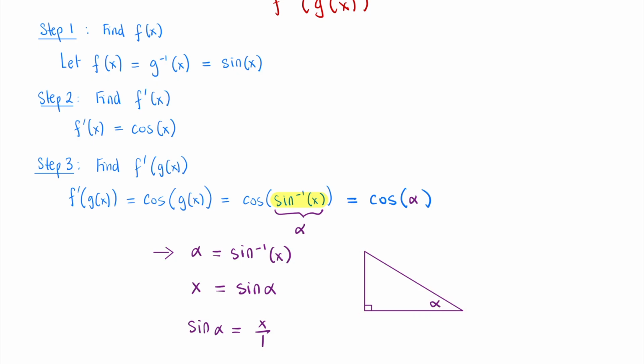This side is the adjacent side of alpha. And this is the hypotenuse. Sine of alpha equals opposite over hypotenuse. So my opposite is x and my hypotenuse is 1.